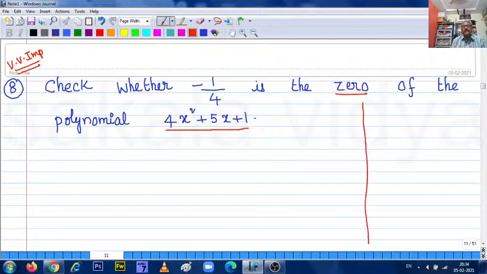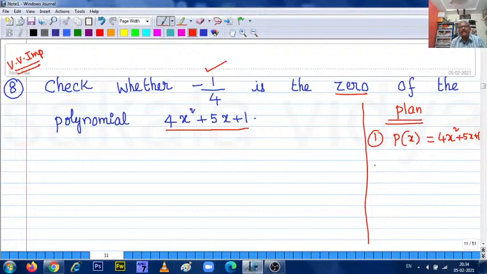So what is the plan? First let us say p of x equals 4x square plus 5x plus 1. Next we need to check whether this is the 0 or not.